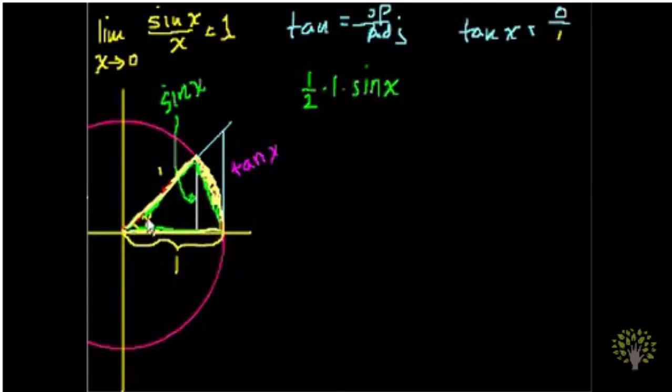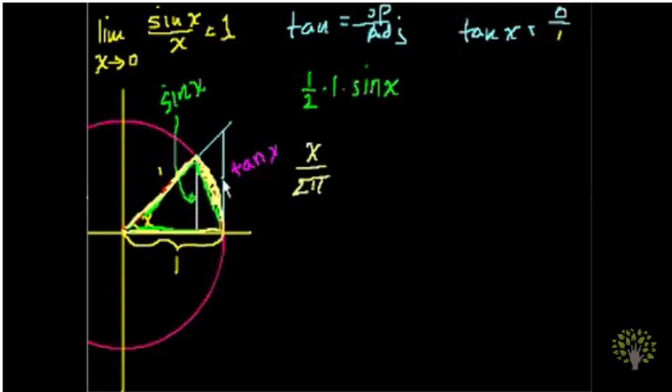Well, if this angle is x, it's x radians. What fraction of that is that of the entire unit circle? Well, there are 2 pi radians in a total unit circle. So this area right here is going to be equal to the fraction x is of the total radians in the unit circle, so x radians over 2 pi radians.